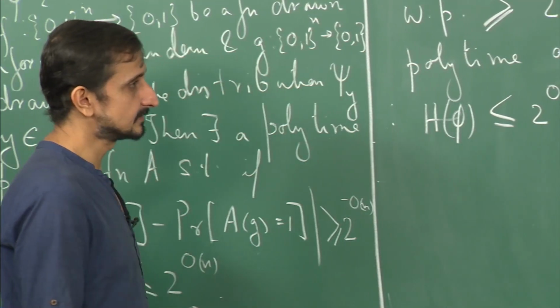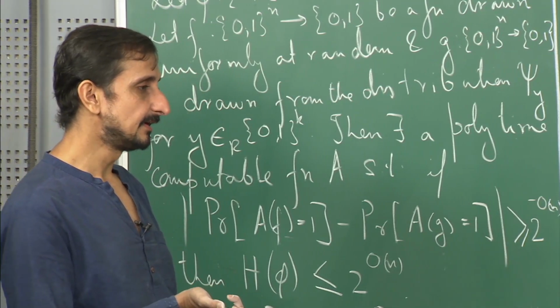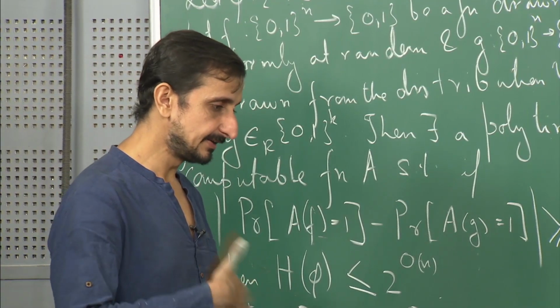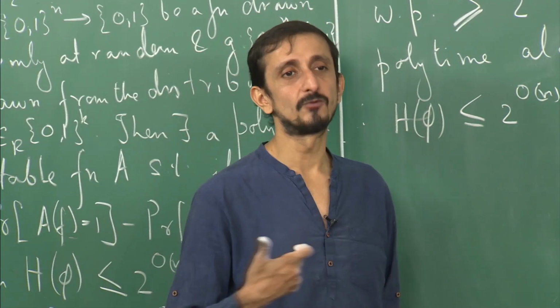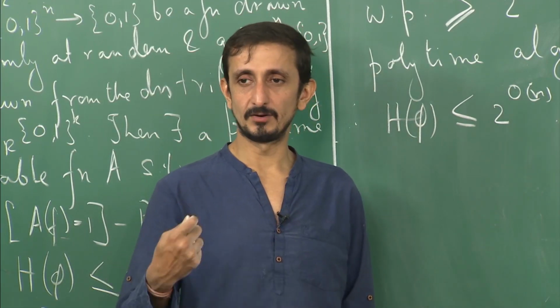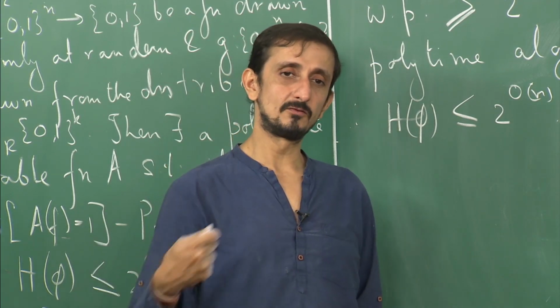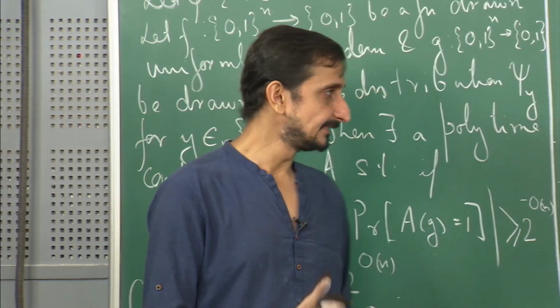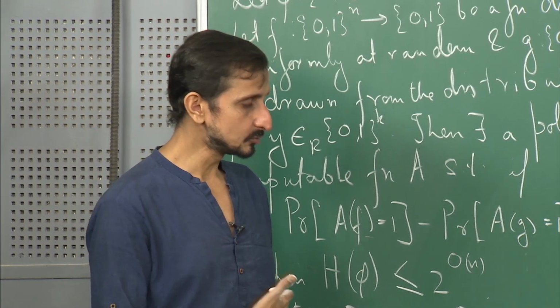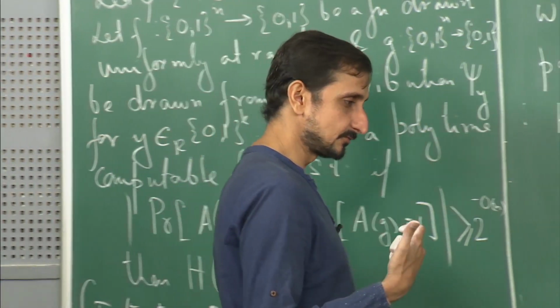We saw Nechiporuk's theorem, which essentially showed that we can give a lower bound for a formula in terms of its subfunction. If I take a function, I can give a lower bound for this function in terms of the subfunction. Then we saw Subbotovskaya's theorem.